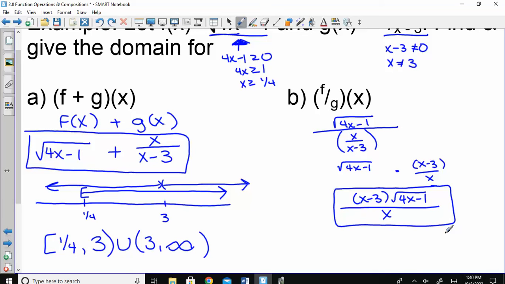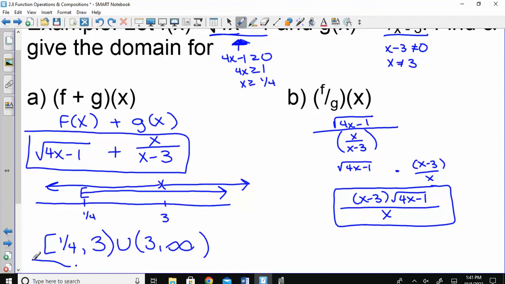So my domain, since I'm involving these same two functions, the domain when I add, subtract, multiply is going to be the same. Division is also the same, except I also have to verify one thing. When I go to my final answer, I know the bottom of this fraction cannot be 0. So x cannot equal 0. Alright, so if I look at what I've already figured out my domain to be, do I have to worry about 0 in here?